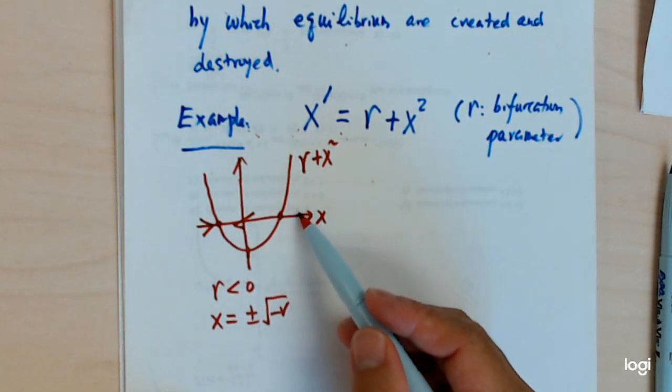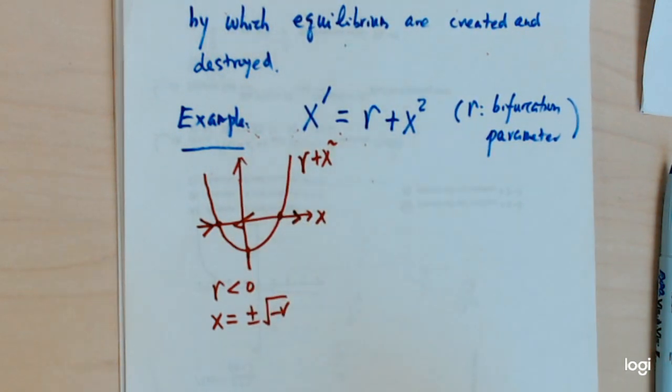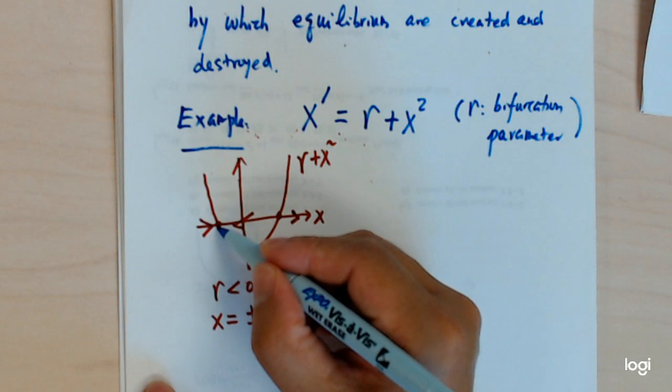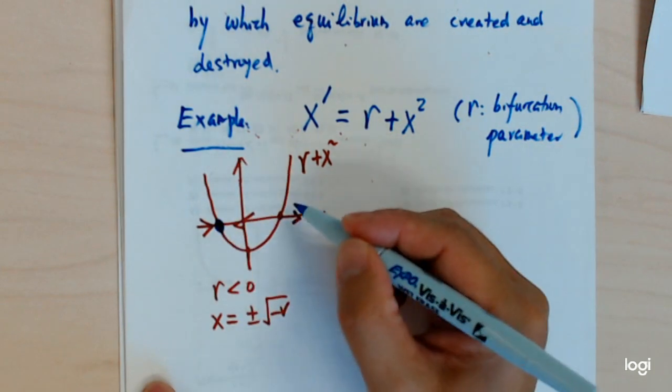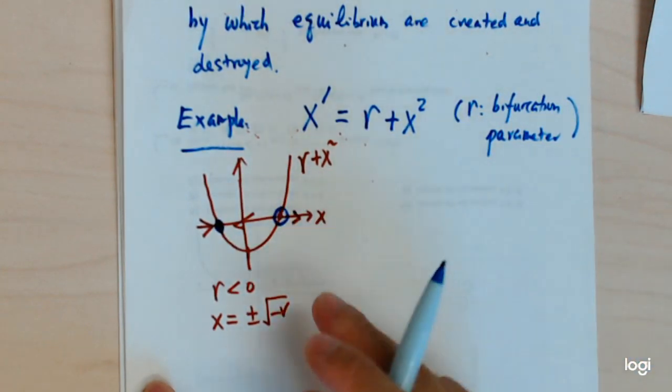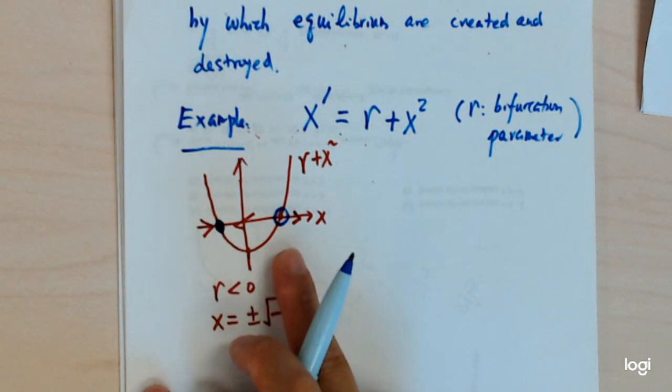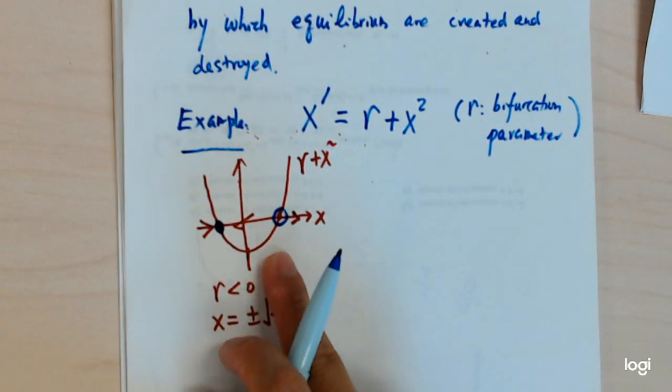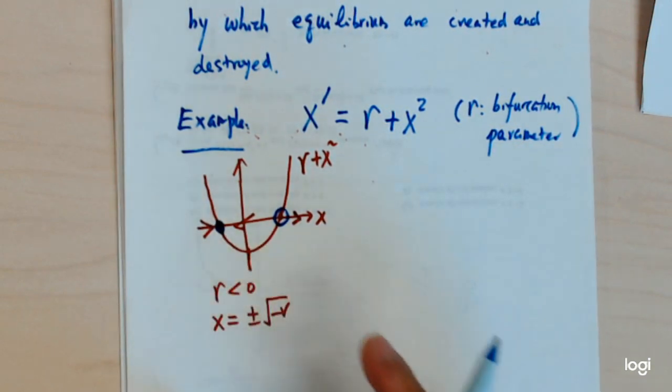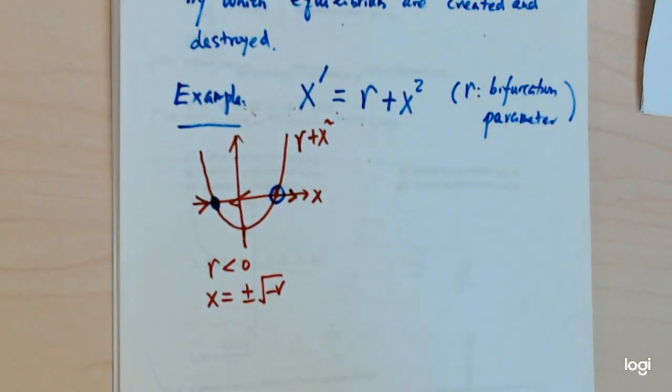And on this side it is positive again. So when r is negative, we have two equilibria. One equilibrium is stable, the other is unstable. Not that the stability type matters in this case, but we just mention it.